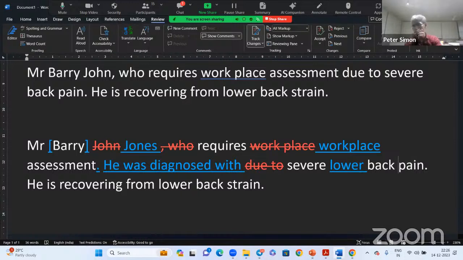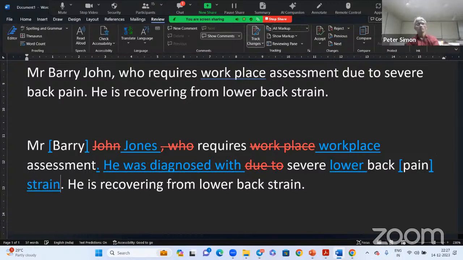The diagnosis, you don't change that one. It is lower back strain. Use it as it is. Why do you want to change this word? He was diagnosed with severe lower back strain. So that is the correct sentence.